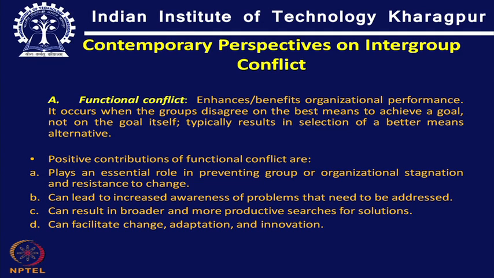Some of the positive contributions of functional conflict are that it plays an essential role in preventing group or organizational stagnation and resistance to change. When there is positive, functional conflict, people know that things are about to change, and that things are not always best in the way we think they are.